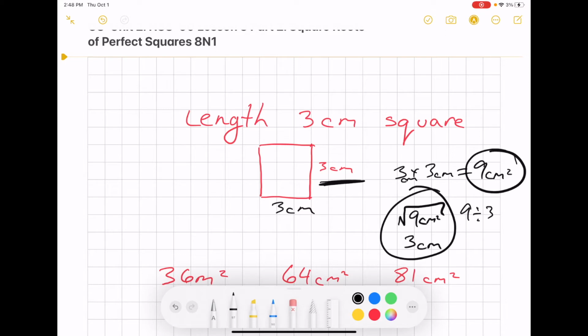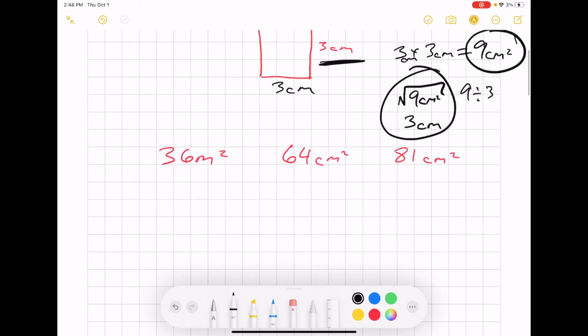So instead of dividing 9 by 3, I can just take the square root of that. Okay, so if I had the area of 36 and I just wanted to find one side of the square, I could take the square root of 36 centimeters squared.